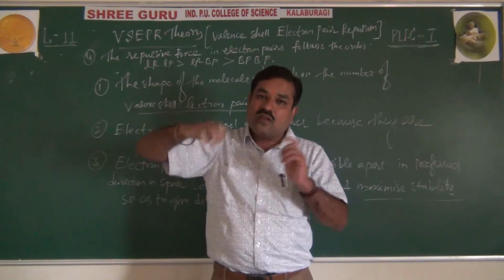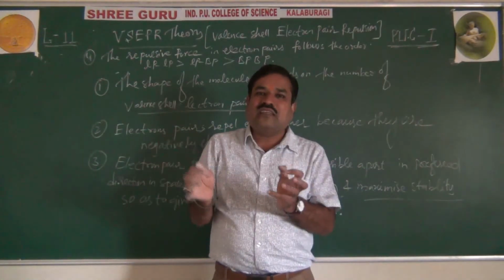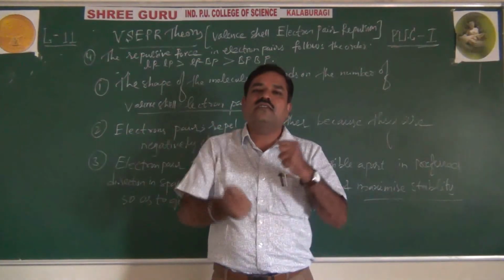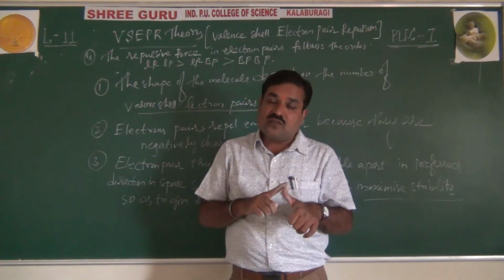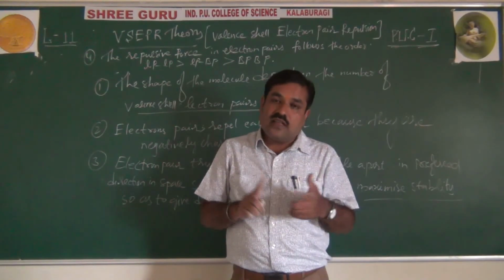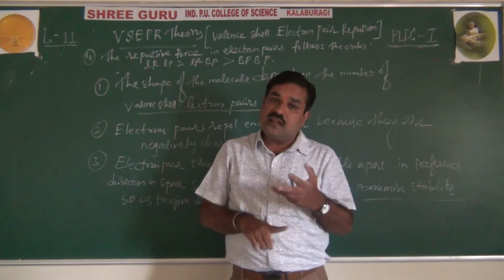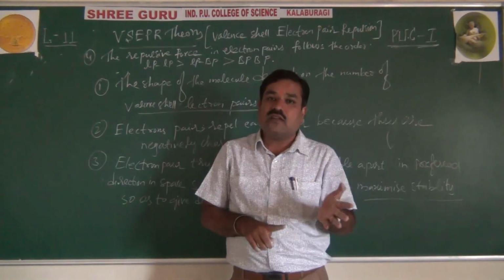They will arrange, thereby minimizing repulsion, maximizing stability, and giving a definite geometrical shape to the molecule. See here, geometry you got, repulsion force is there, they are moving apart, and stability also. See how nicely it is explained.